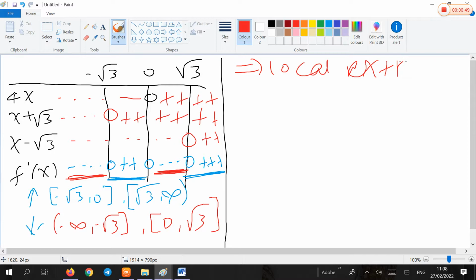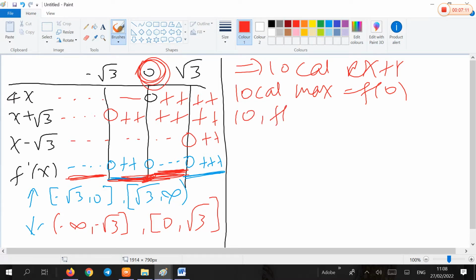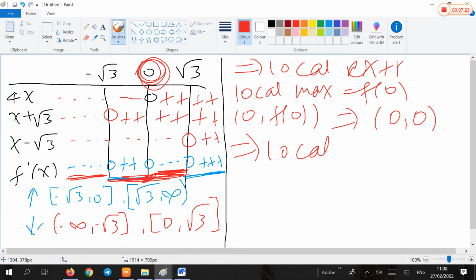As you look from the sign chart, the first derivative changes sign from positive to negative at x equals 0. So the local maximum is f of 0, which is 0, at the point (0, 0). You substitute 0 into the given expression. The other thing is local minimum.